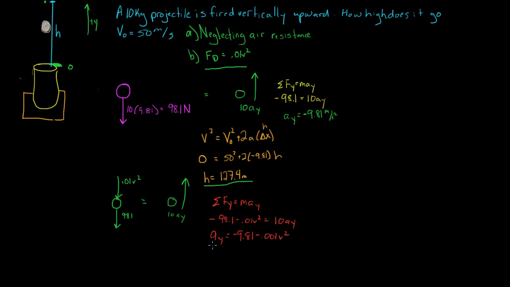And this is a more interesting equation than we had before. This is saying that the acceleration is a function of velocity. And since acceleration is a function of velocity, we can't use these kinematic equations. We can't use the same equation that we used for the first part. So we have to go through and look at our alternate equations for acceleration.